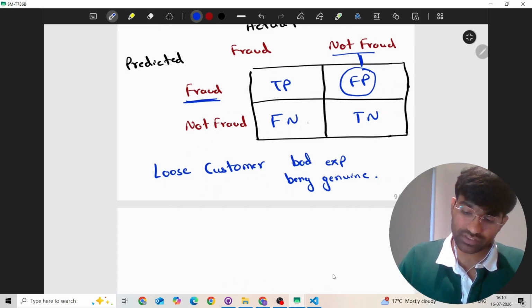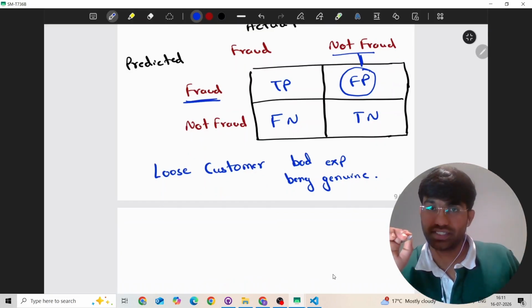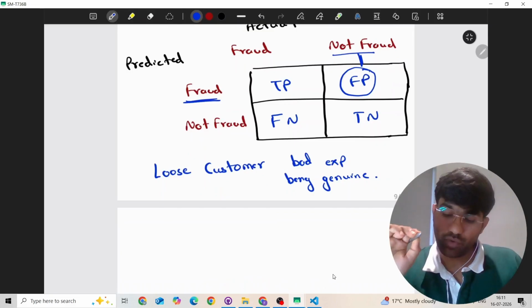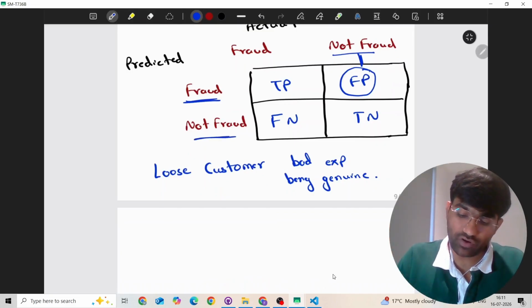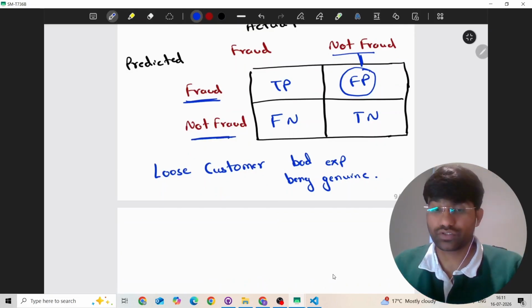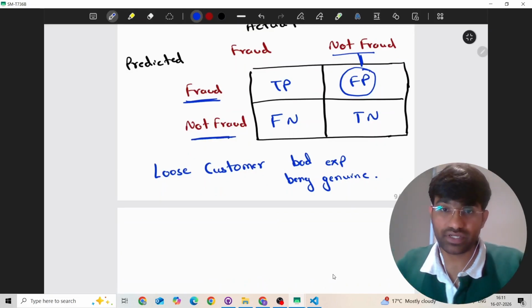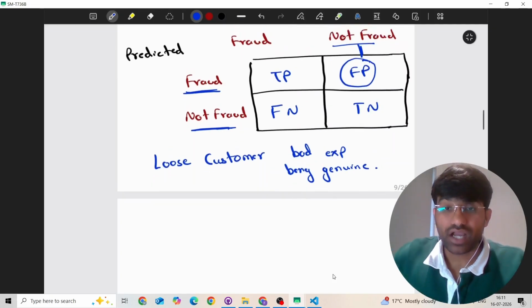What about false negative? The customer is fraud, but your model has classified him as not fraud. Even at the initial stage of application, if your model has classified the fraud customer as not fraud, when he goes to the next stage of loan application, we will check his credit score, ask him for the mortgage, ask him for the surety, then you can process further.